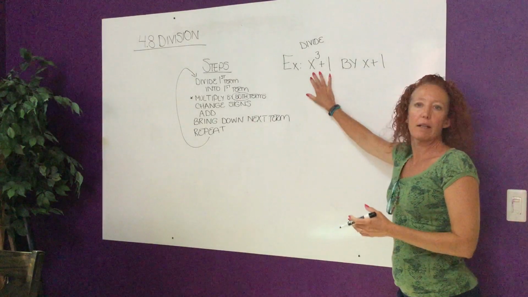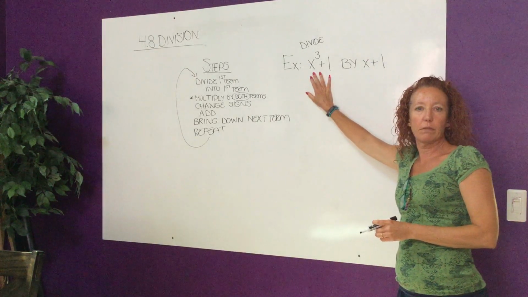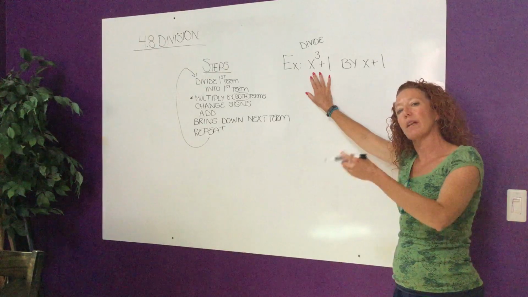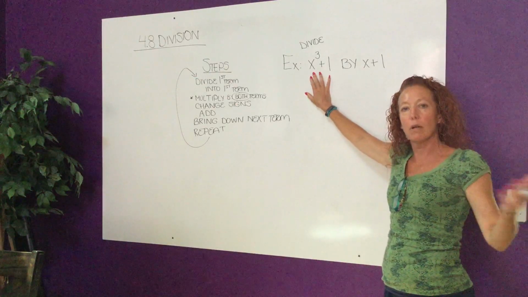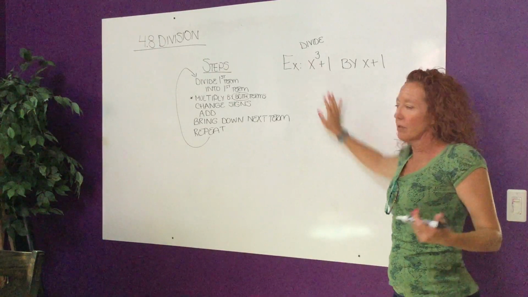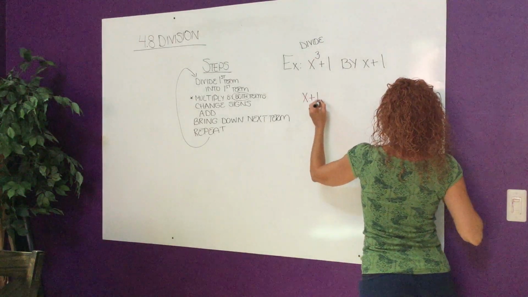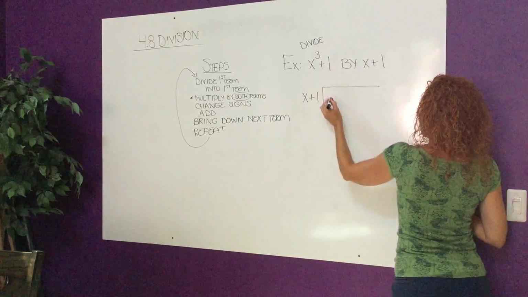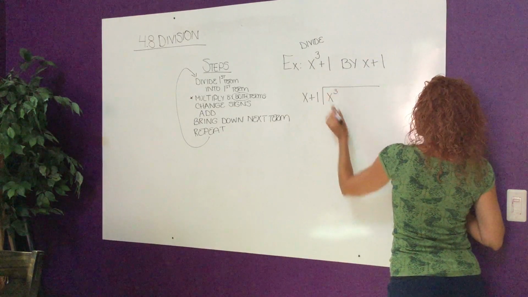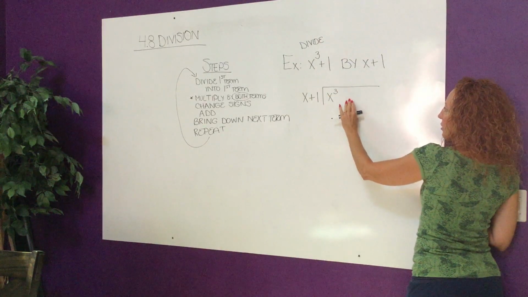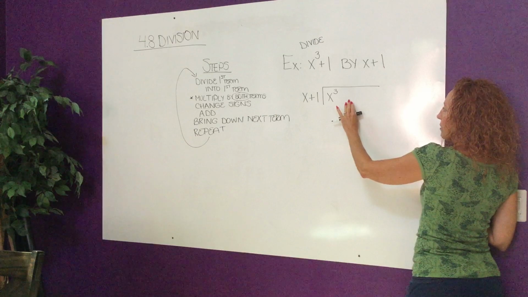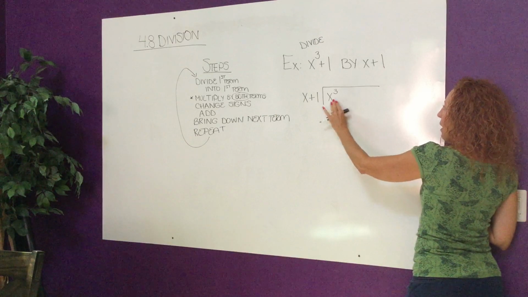So here's exactly what I'm referring to when I'm saying that it's in descending order, but you're missing terms. For instance, when we go to set it up, go ahead and write that x to the third down. We absolutely need to write down an x squared term.